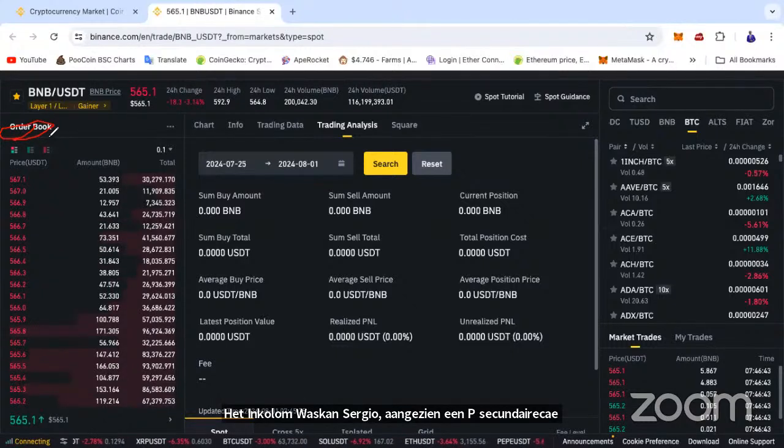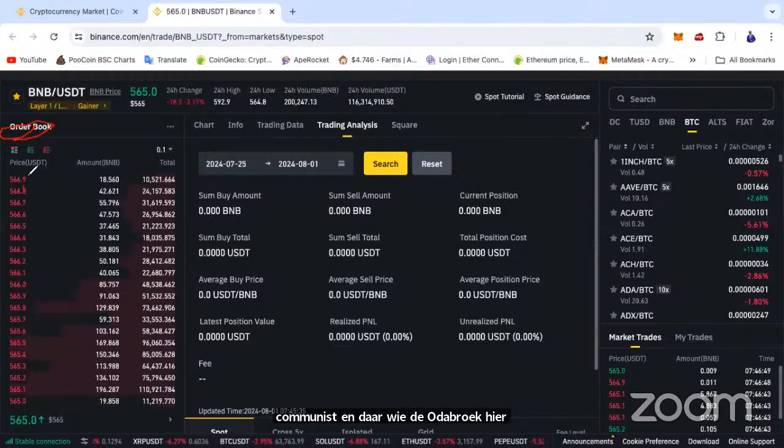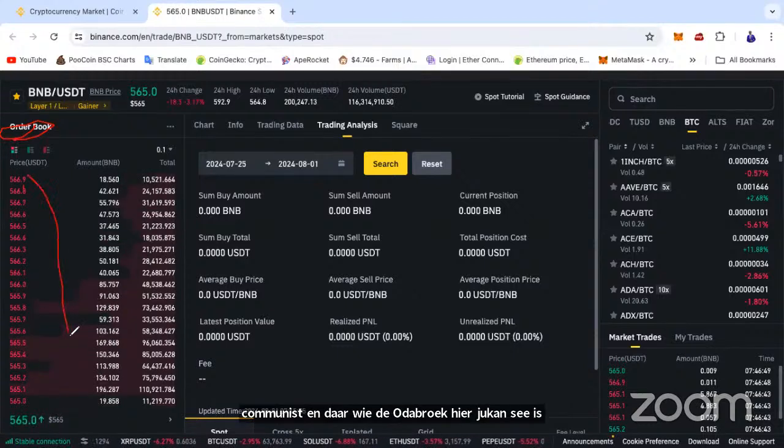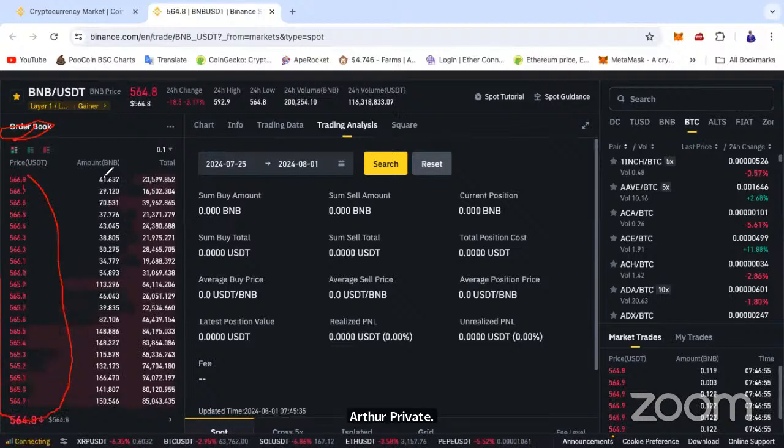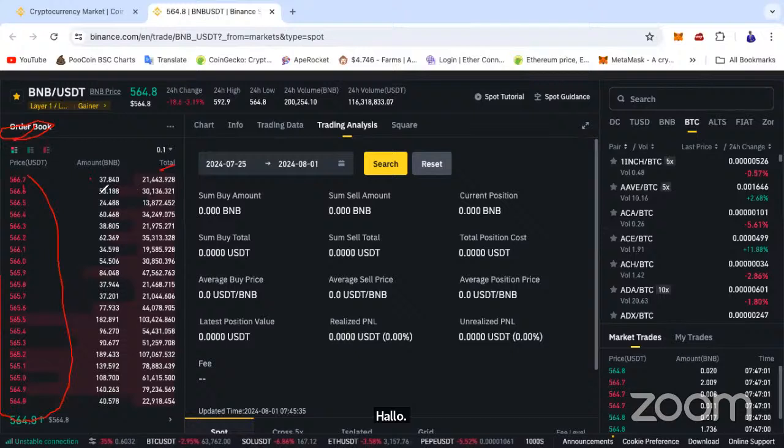And with the order book here, you can see these are the prices. And this is the total. And this is the amount in BNB.